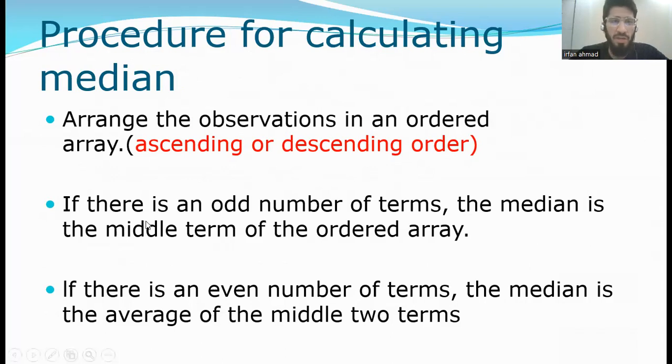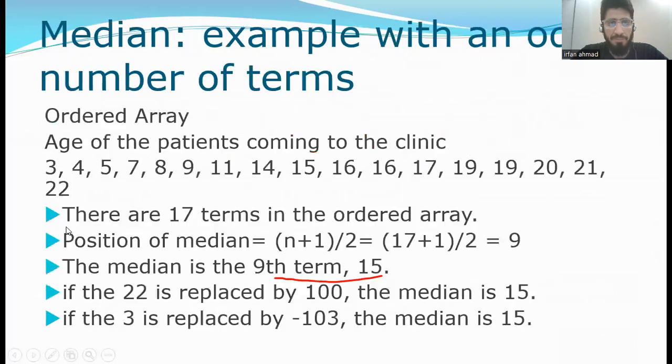The second point is, if there is an odd number of terms, the median is the middle term of the ordered array. We will discuss this point later. If there is an even number of terms, the median is the average of the middle two terms. Keep these two points in mind.